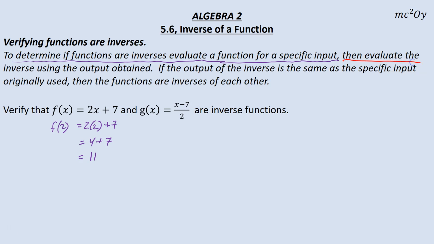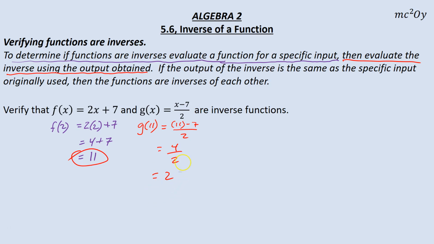Okay, then evaluate the inverse using the output obtained. Well, here's the output I obtained. It's 11. So I'm going to take the inverse, or what I think might be the inverse, and use that output in it. Okay, well, 11 minus 7 over 2. That gives me 4 over 2, which equals 2.